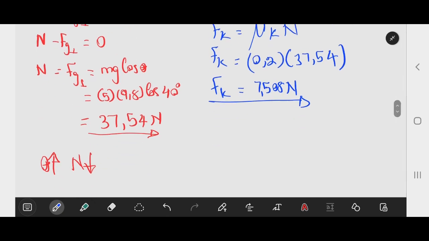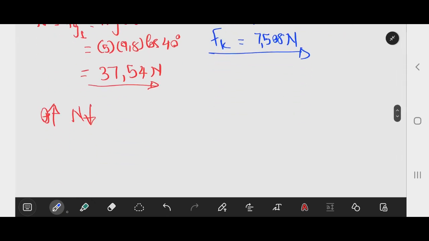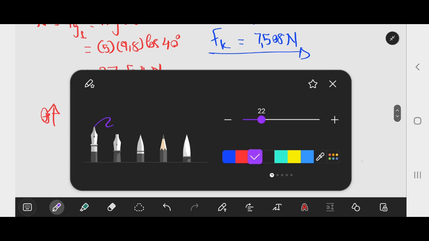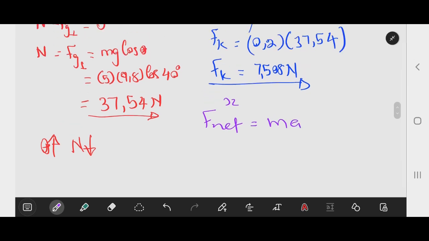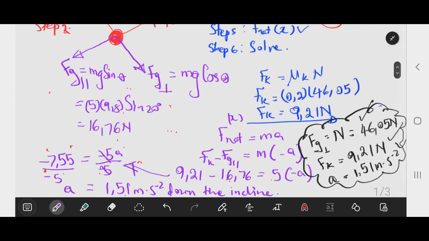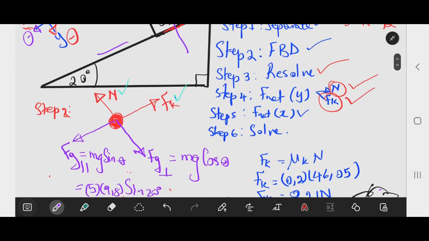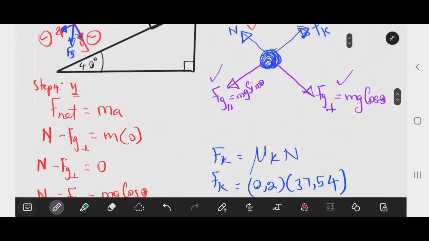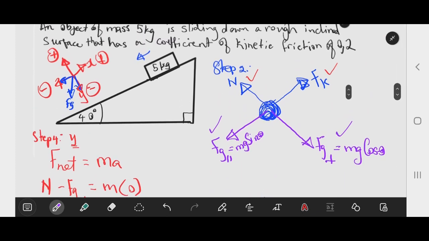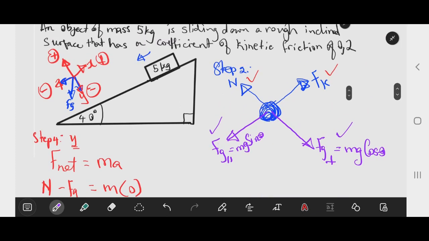All right, so let us continue to perform the Fnet now in the x-axis. Okay, so Fnet in the x-axis, Fnet equals ma, and remember this is step number 5. How many forces do we have acting in the x-axis? We have two forces, right? We have Fk and Fg parallel.